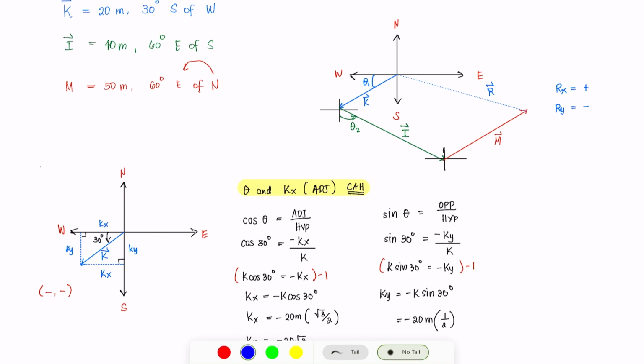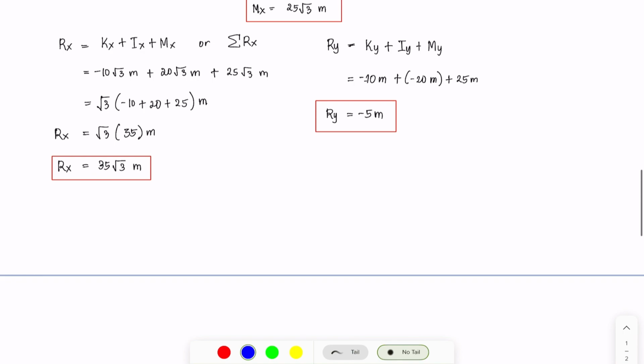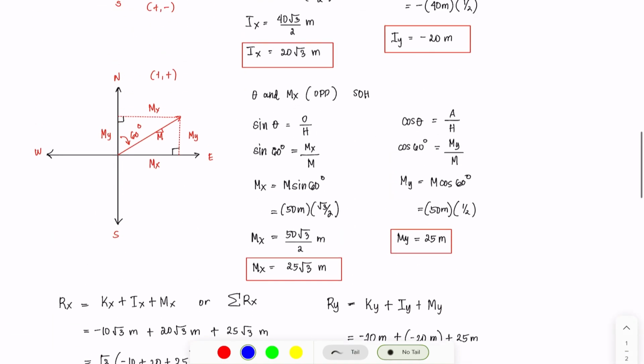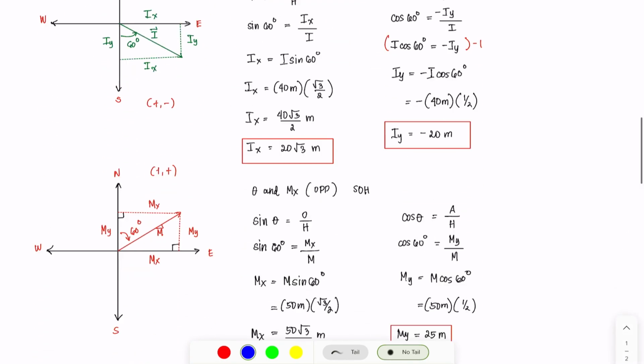Now, to check whether our answers are making sense, notice that our R sub x bears a positive sign and R sub y bears a negative sign. So this is a very good telltale sign that you're actually doing your calculations right. So since we get these values, we're actually doing good.